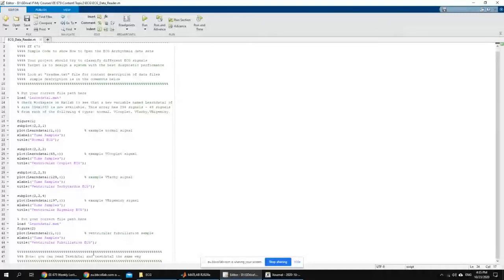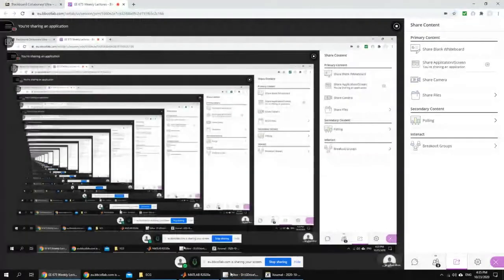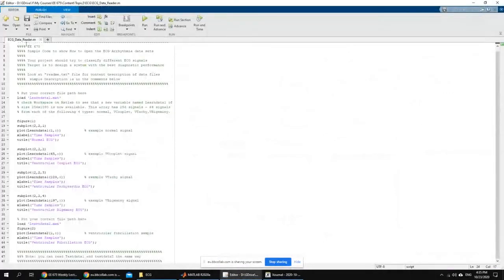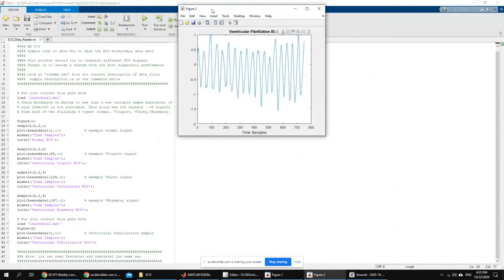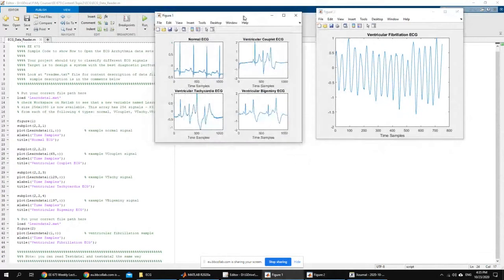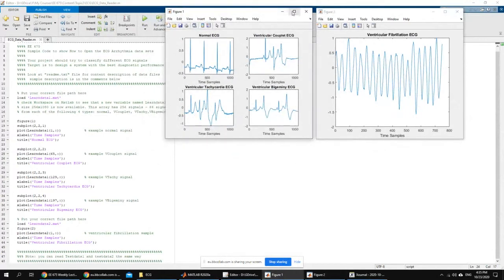In order to do that, I'm going to start with the reader application that we talked about last time. We have a program that reads ECG signals from the database that I gave you and plots them.